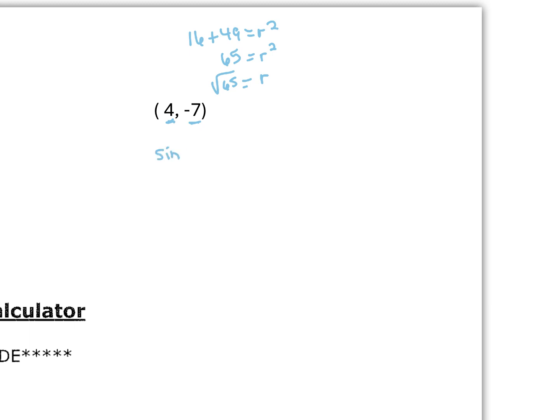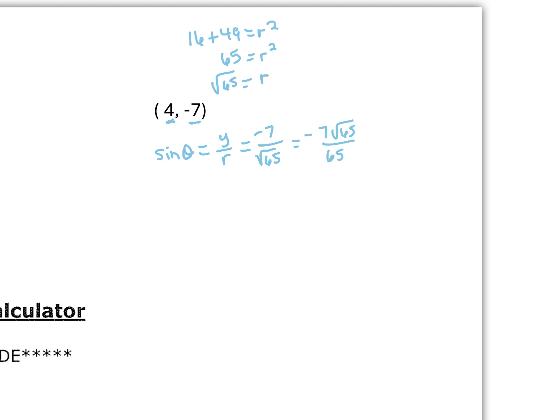For sine of theta, Aiden, what's the ratio? Y over r. So we are doing negative 7 over root 65. Yes, that has to get rationalized. So negative 7 root 65 over 65. It is, but it's not that bad.